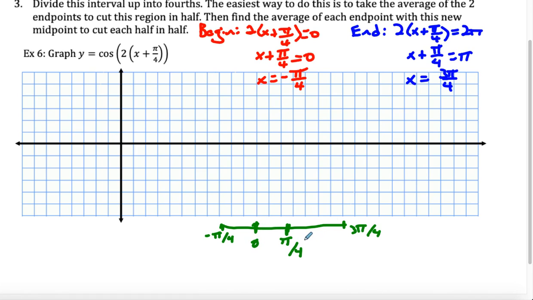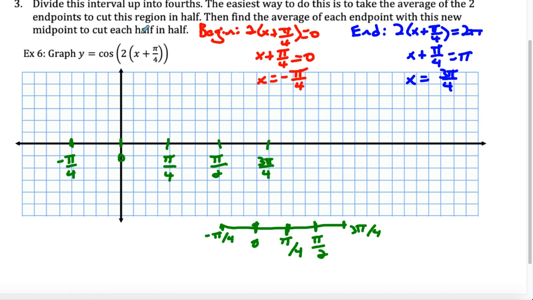And then halfway in between pi over 4 and 3 pi over 4 would be 2 pi over 4, or just pi over 2. So let's label those points. Negative pi over 4, 0 is actually one of them, pi over 4, 2 pi over 4, or pi over 2, and 3 pi over 4.